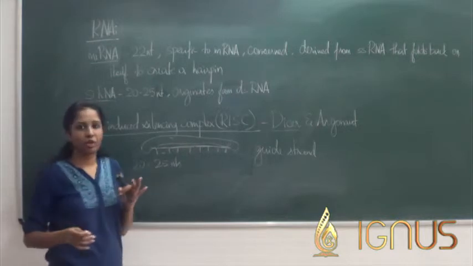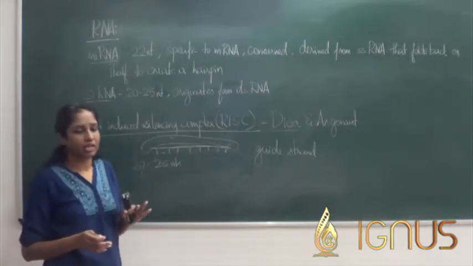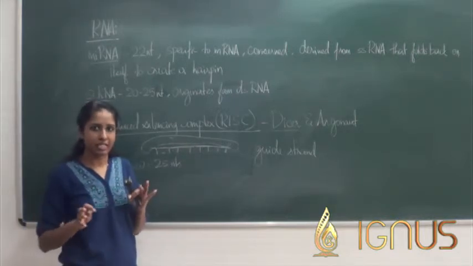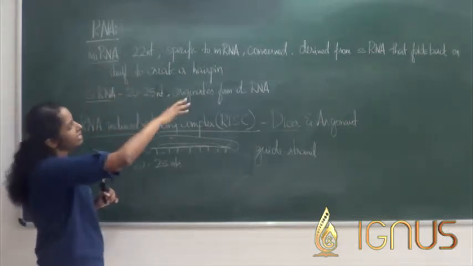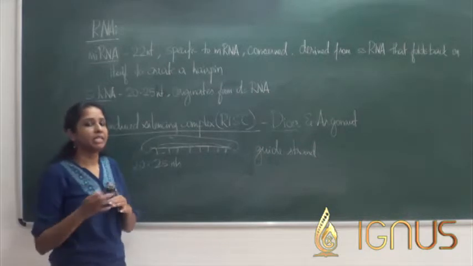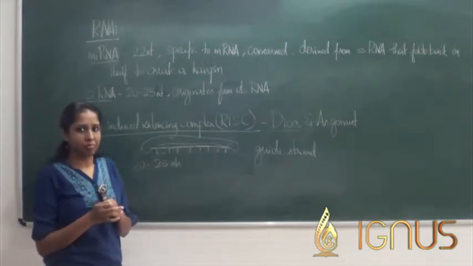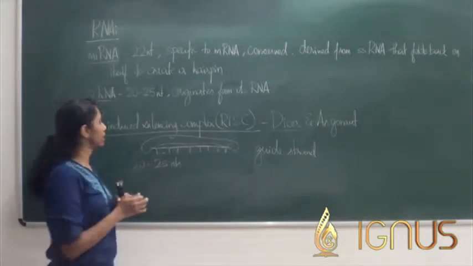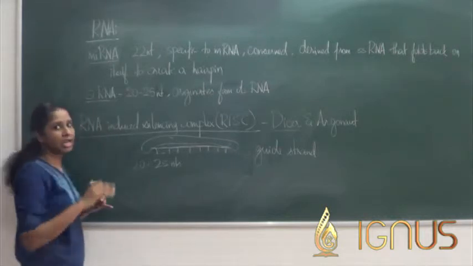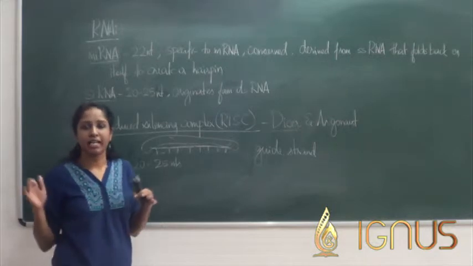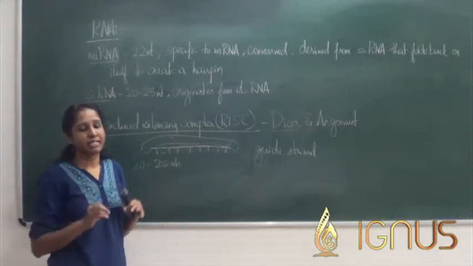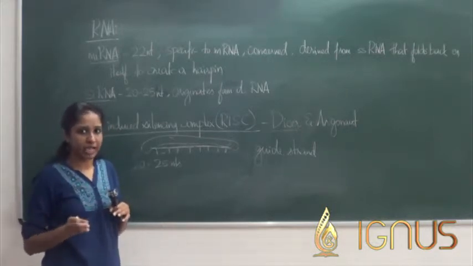Okay, so the Argonaute is a part of the RISC complex. This Argonaute is going to go find an mRNA or any sort of RNA that is there in the cell. With respect to miRNA, it is specific to mRNA, but it does not need complete complementarity to the mRNA. With siRNA, it is not specific to only mRNA, it can degrade any kind of RNA, but it requires complete complementarity.